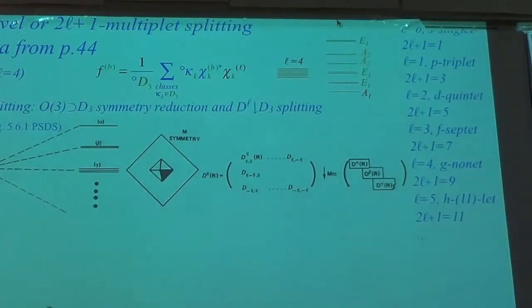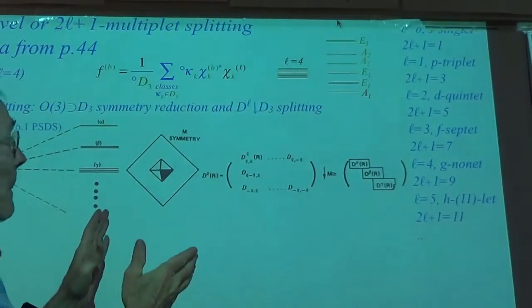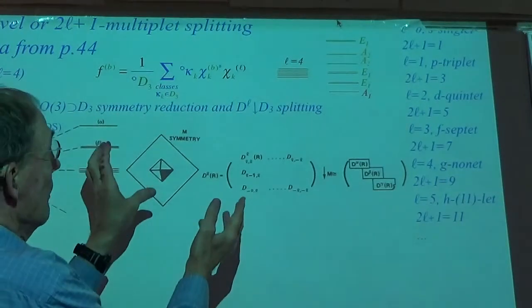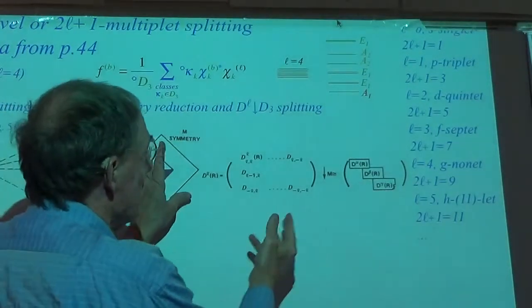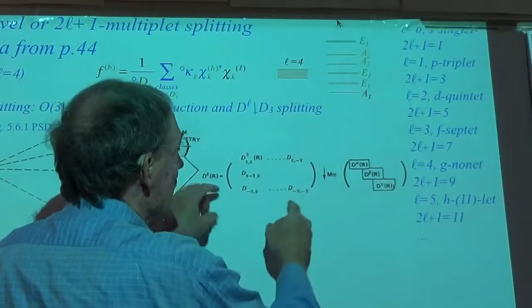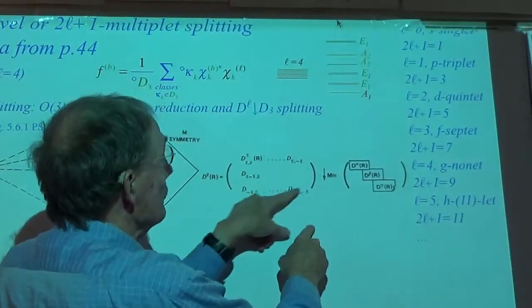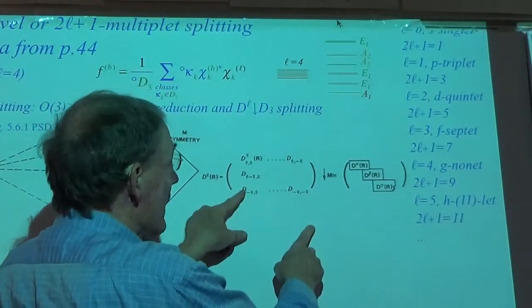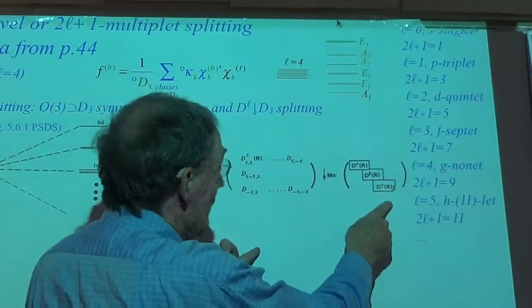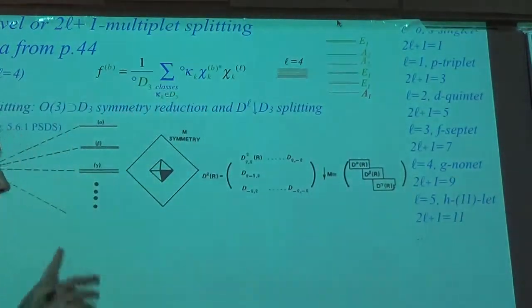And by splitting, you know what I mean. A projection operator can be a great big matrix, and it can split into a bunch of little projection operators on the block diagonal. So when you talk about a finite symmetry that has taken an irreducible representation and made it reducible, that's what you mean by splitting.